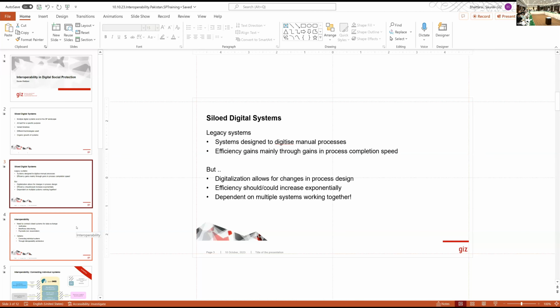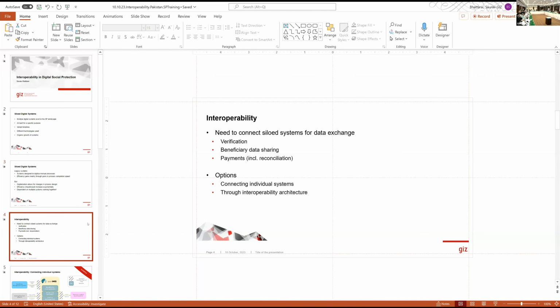Let me try presentation mode. It seems like I can only do one thing at a time. Maybe you could share the screen there. I can just say next slide. Would that work?